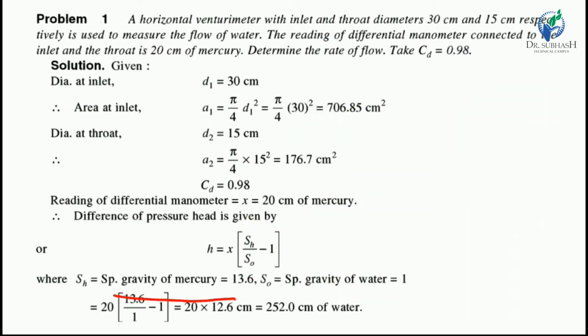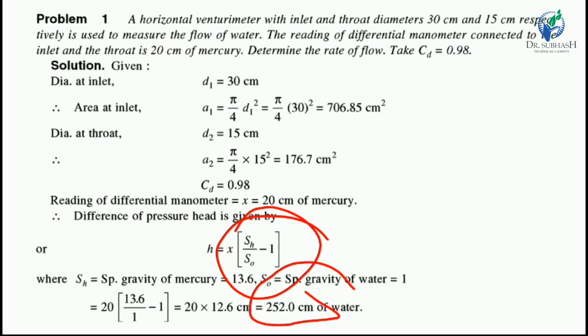We know the specific gravity of mercury is 13.6 and the specific gravity of water is 1. So we find the value of h as 252 centimeter, since x is given as 20 centimeter.